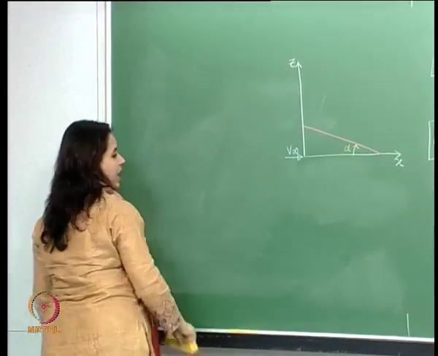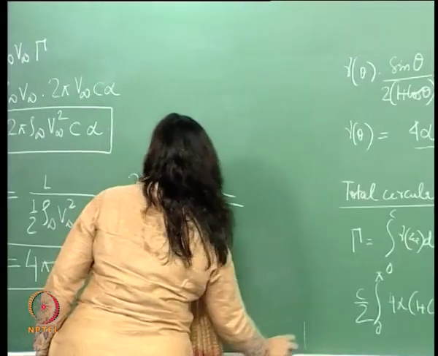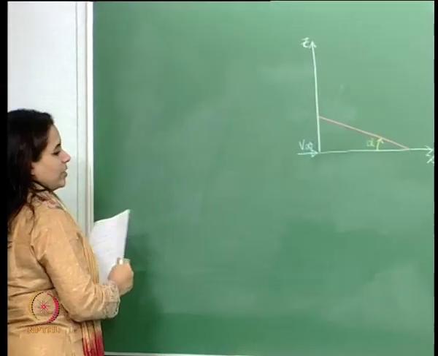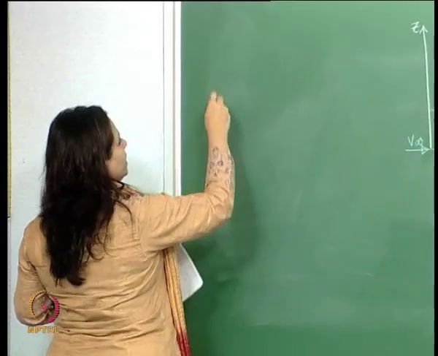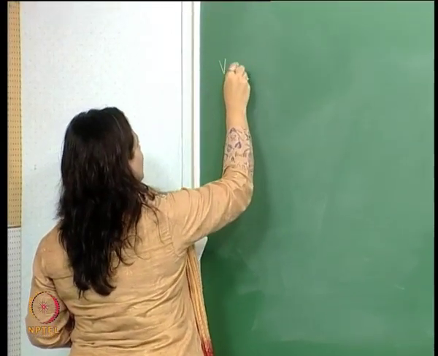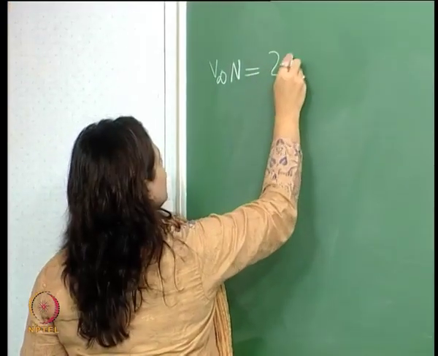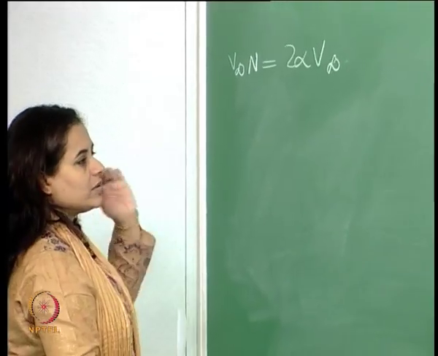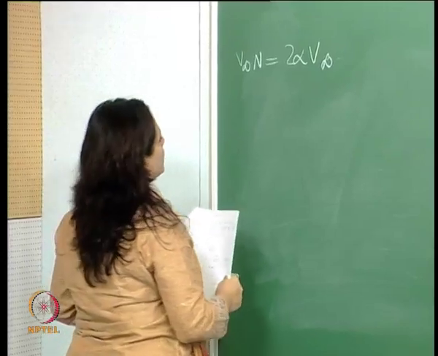We have found an expression using the linearized thin airfoil theory, right. Now here the normal component is 2 alpha V infinity. We have seen this, right. So, the normal component out here is 2 alpha V infinity.